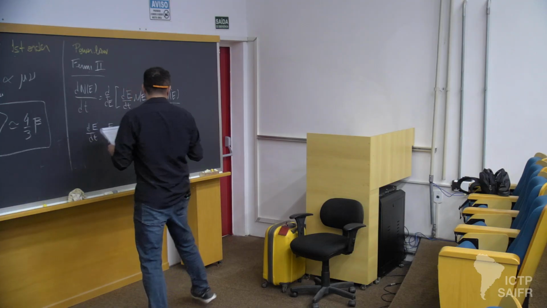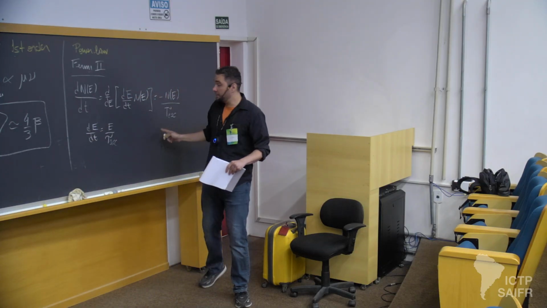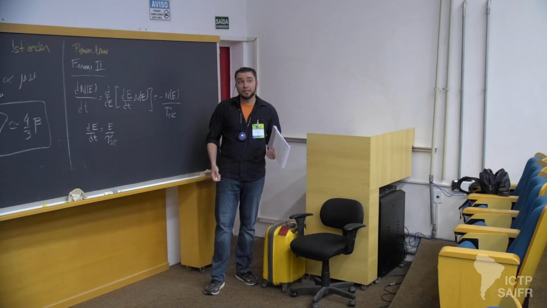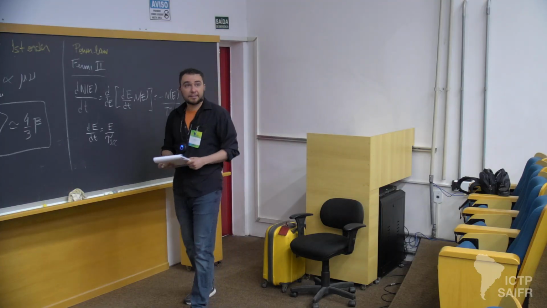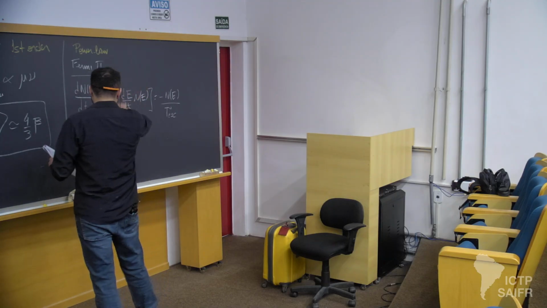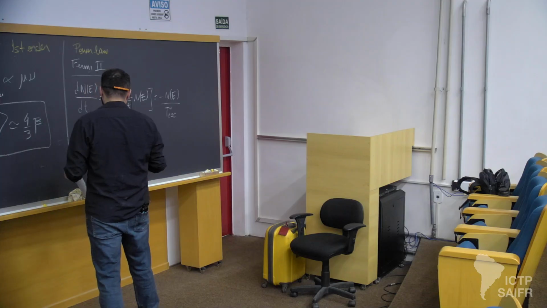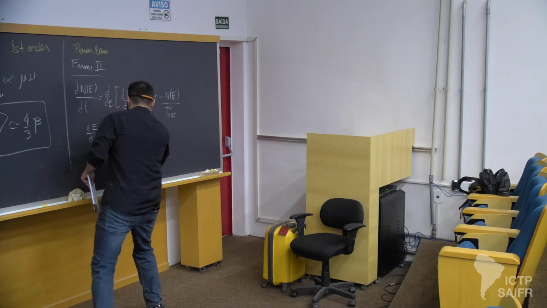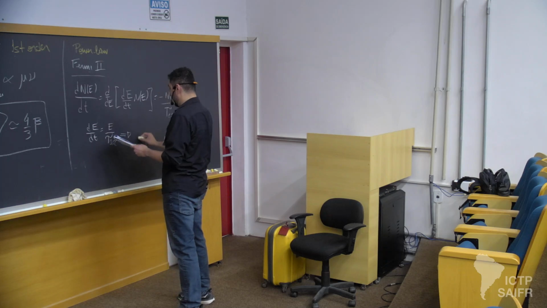I'm also going to assume that tau escape and tau acceleration don't depend on time. This is a sensible approximation, at least for this. If I just solve this equation now, we can easily do that.